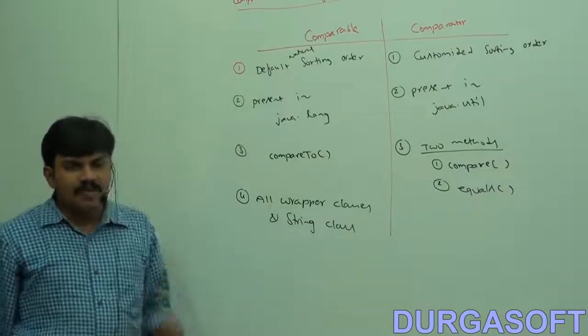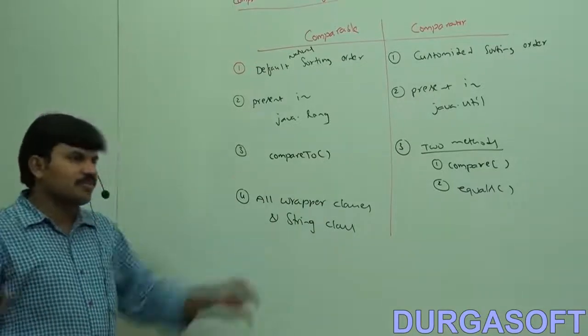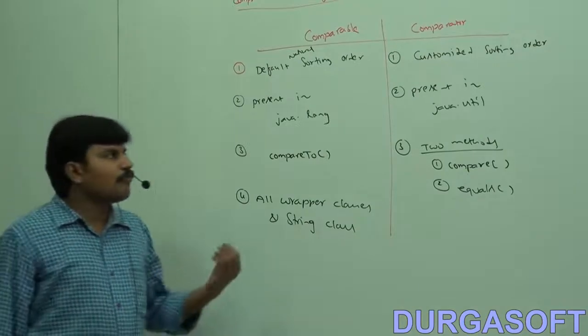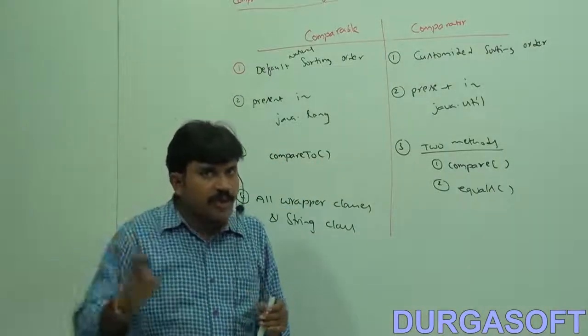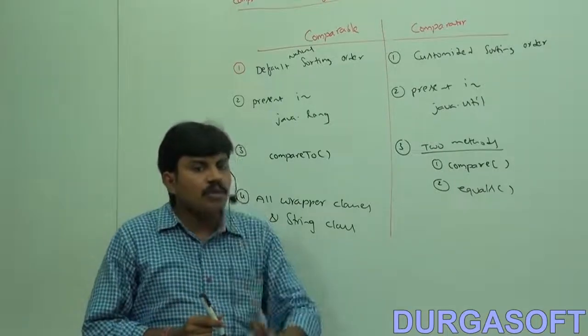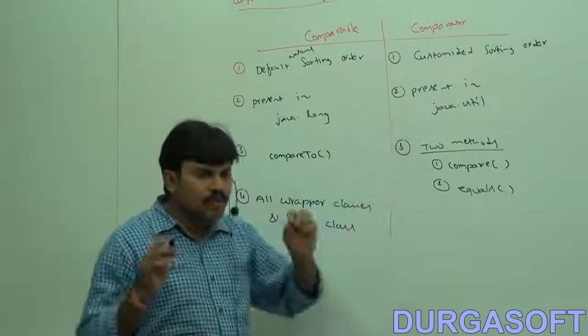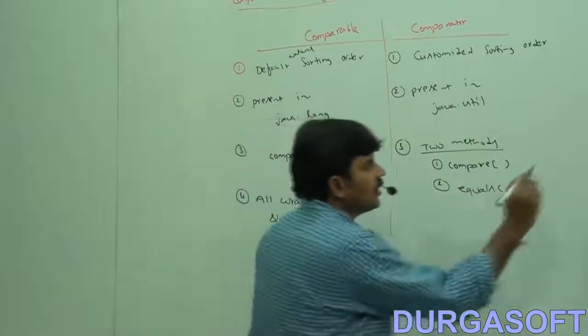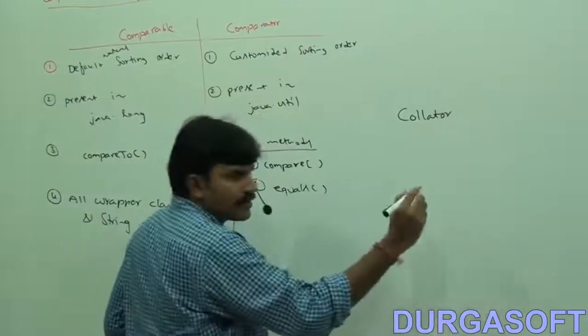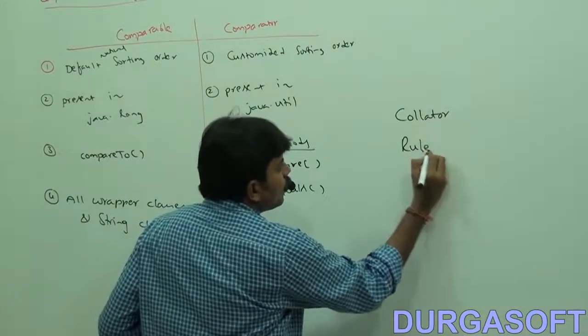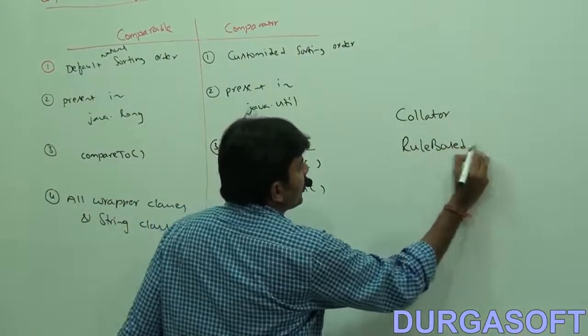But what about Comparator? Most of the time there is no predefined class which implements Comparator, but if we search very carefully, there are two classes which implement Comparator. Only two classes. One is Collator. The second one is RuleBasedCollator.